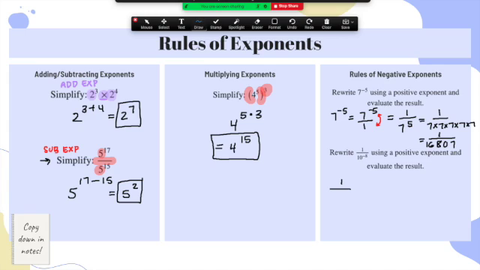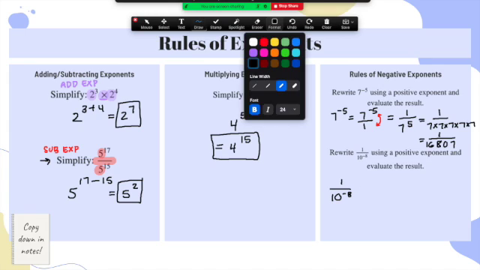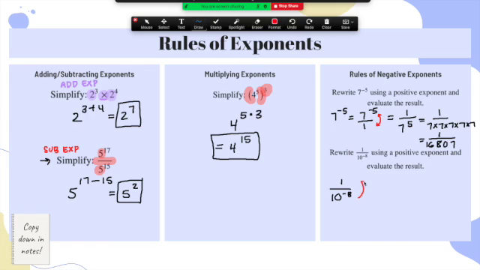Over here we're being asked to rewrite a fraction with the denominator having a negative exponent. So again, same situation. If the negative exponent's on the bottom of the fraction, I'm going to flip it again so that the exponent that's negative goes on the top, and it's positive now, and the 1 is going to go on the bottom.